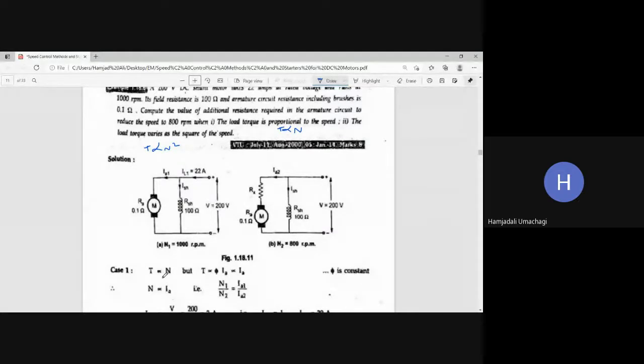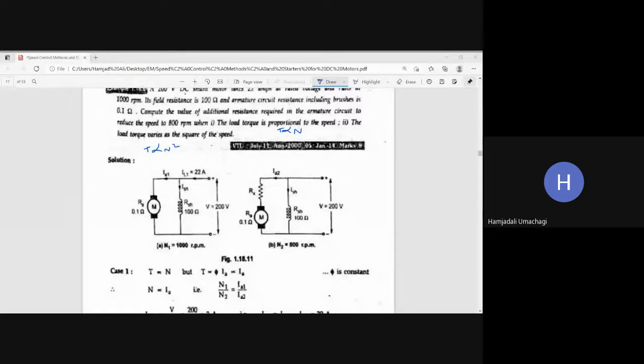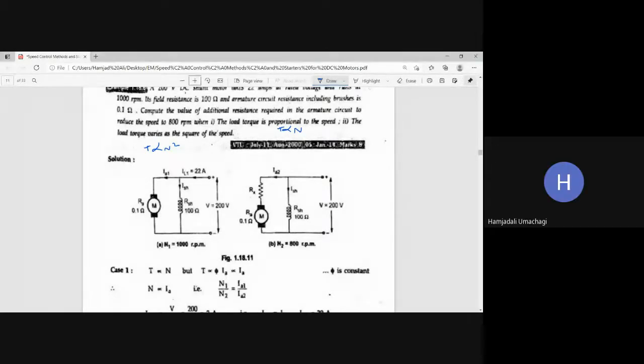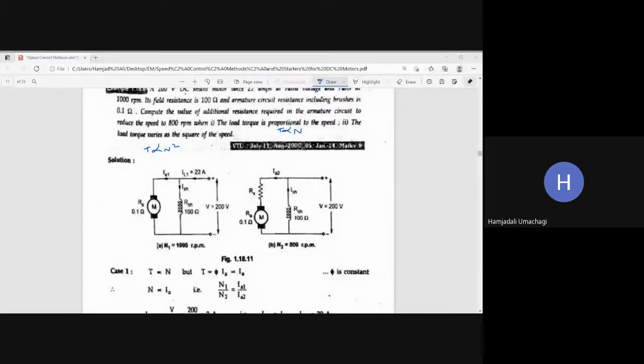Yes, what is the case here? Torque is directly proportional to armature current. So in the DC shunt motor, torque is directly proportional to phi into Ia. Wait for some time.